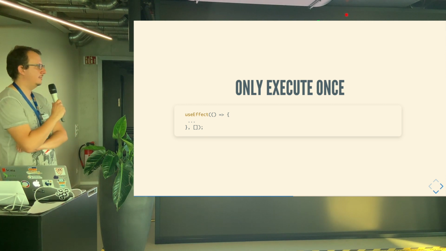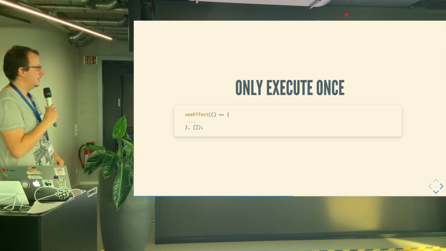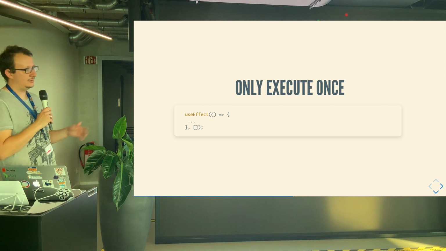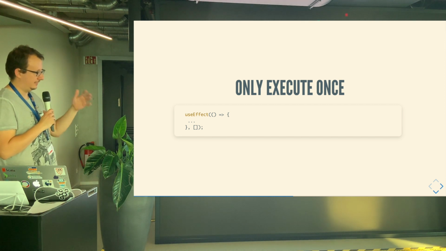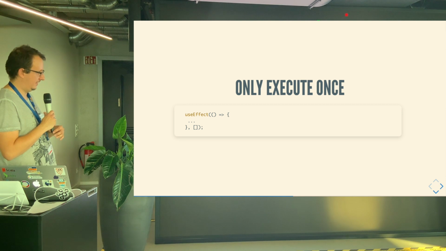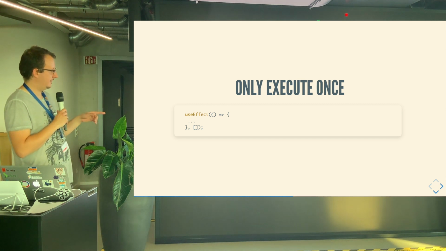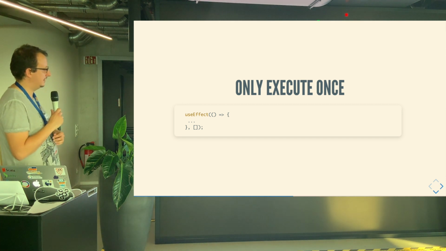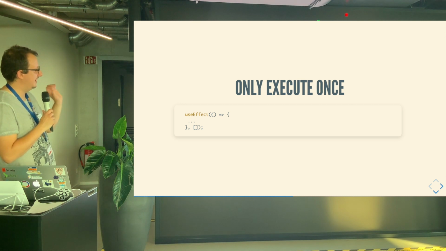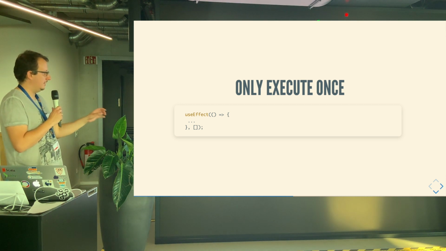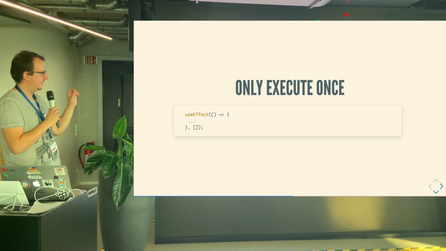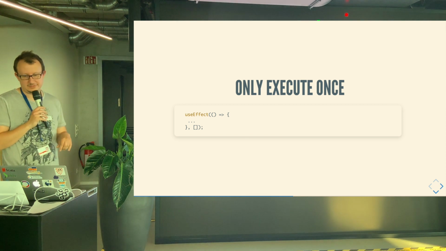For example, if you run some page view tracking or stuff like that, you don't want this to be executed on every render. For that use case, you can just specify an empty array of dependencies, and then this effect is only executed in the initial render.